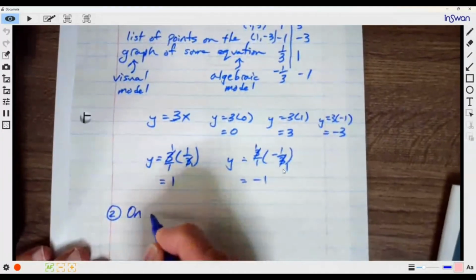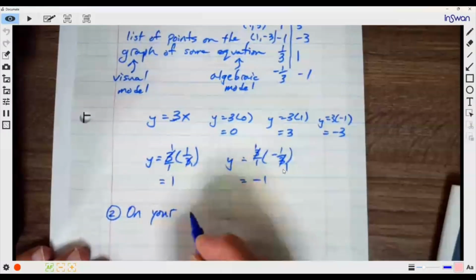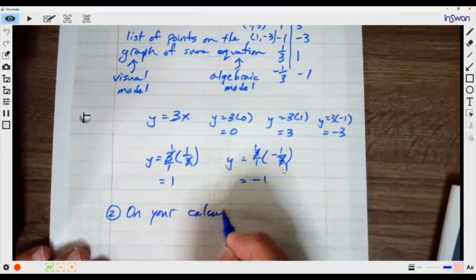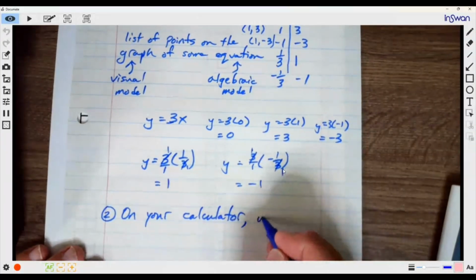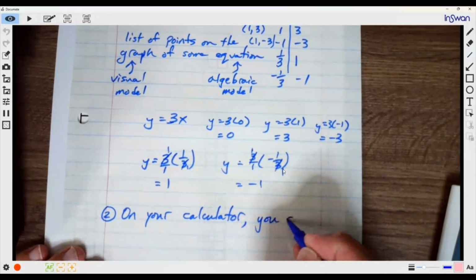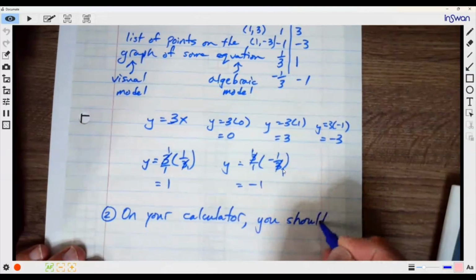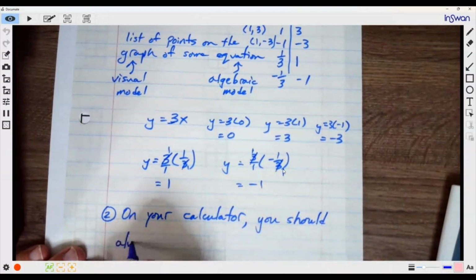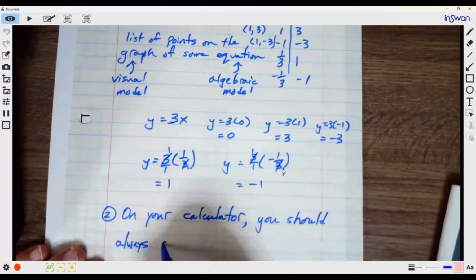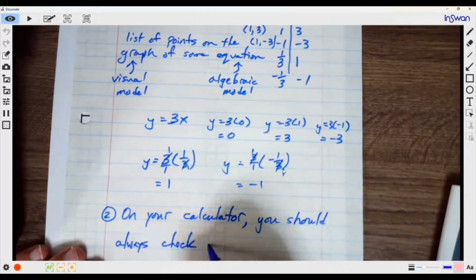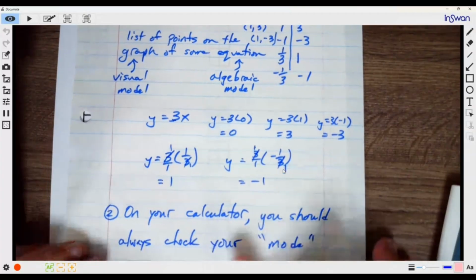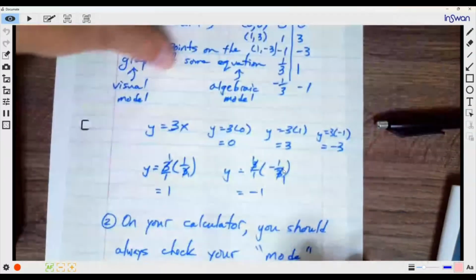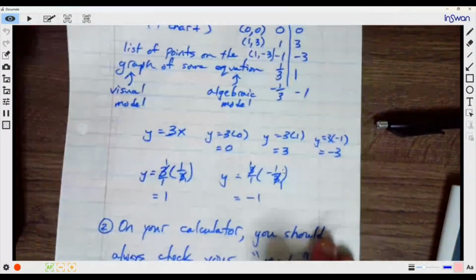On your calculator, you should always check your mode.